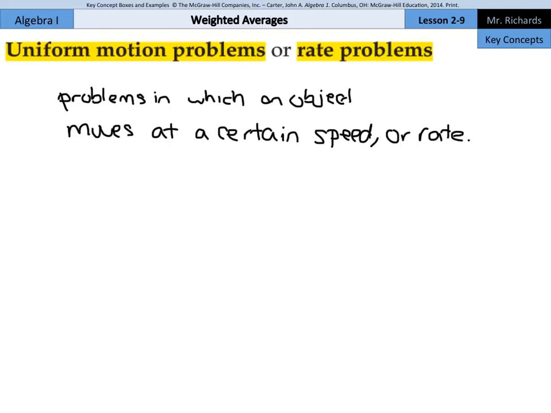With our uniform motion problems, we're typically going to be using an equation: distance equals our rate of speed times, well, the time. Sometimes you'll see it d equals rt.